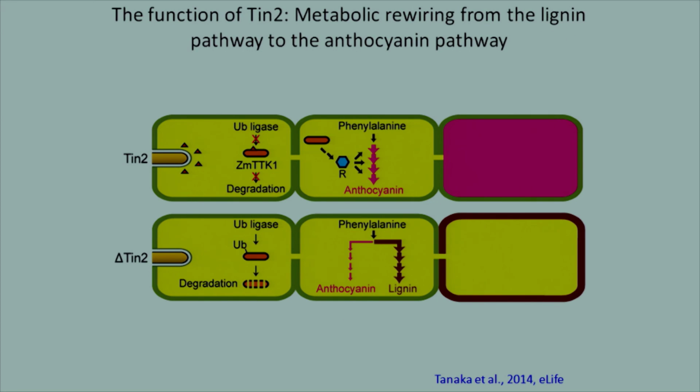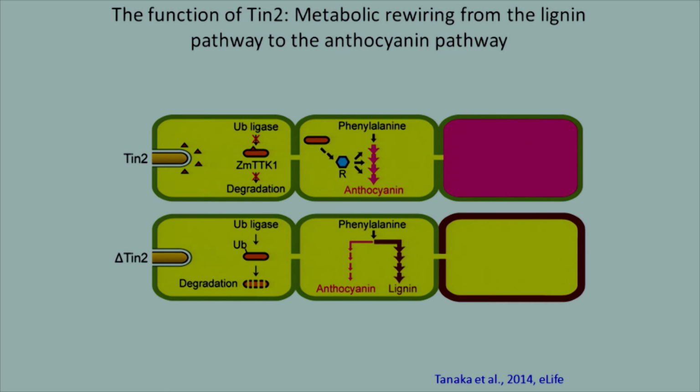So with a lot of work I don't want to go into, we could then visualize that TIN2 protein actually stabilizes a maize kinase, and this kinase is responsible, probably in connection with this R transcription factor, for the massive upregulation of anthocyanin biosynthesis. So if we have a fungus that lacks TIN2, this kinase is degraded.